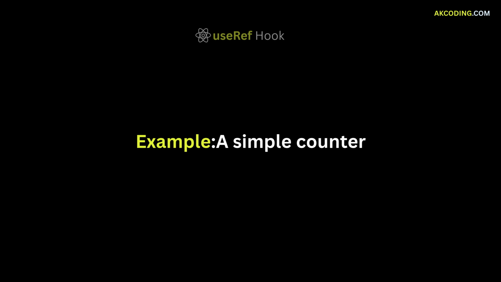Let's compare the two with a real example, a simple counter. I am taking a simple counter that can be implemented using useRef, which is not the correct way, and using useState, which is the correct and preferred way to implement a counter in the application.